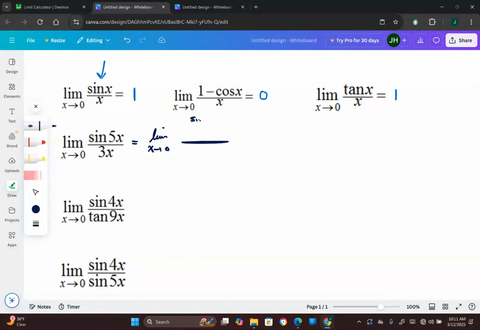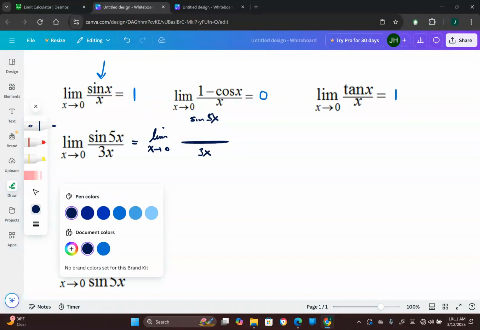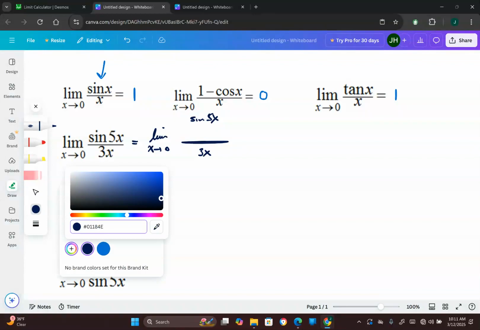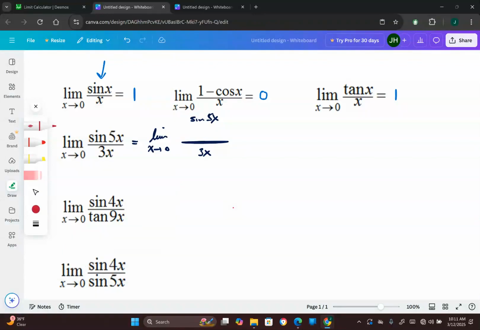I'm going to put sine of 5x over 3x. Now, you know the property says I want sine of x over x. So maybe what I can do to get somewhere with this problem is divide this top by x to make it look somewhat like the formula. But that means I also have to divide the bottom by x.